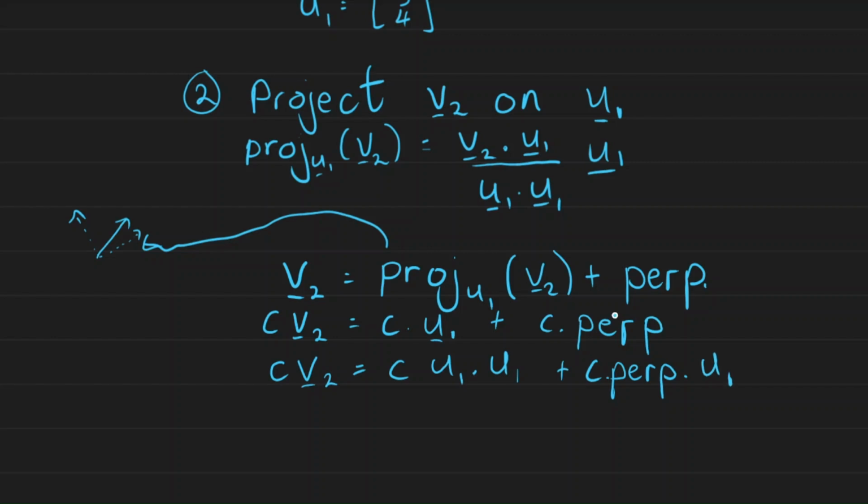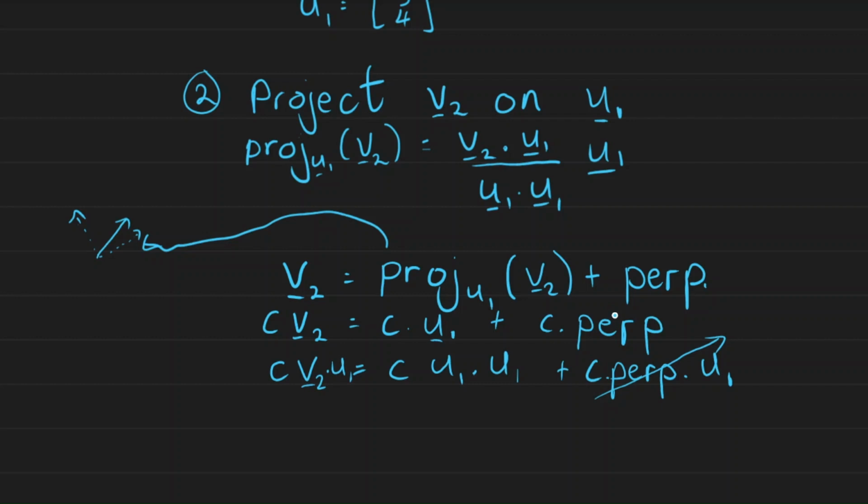So immediately we're going to see that this second term is going to equal 0 because they are perpendicular. We have a perpendicular component being multiplied in the direction of u1. Remember that this is the direction of u1. And now if you have a perpendicular component multiplied by some vector in the direction of u1, it's just going to give us 0. So that is a known fact of vectors. I just neglected to write u1 here.